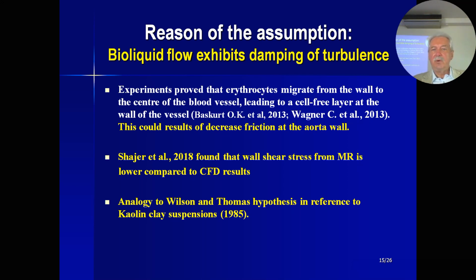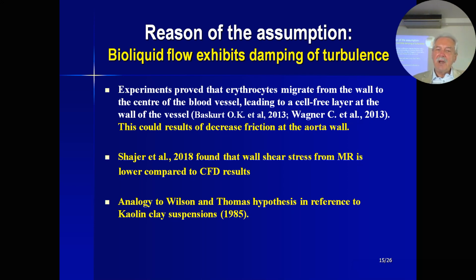As I mentioned before, some researchers noted that erythrocytes, it means red blood cells, migrate from the wall towards symmetry axis. And also some researchers noted that measured wall shear stress using magnetic resonance show that data are lower compared to CFD modeling results.